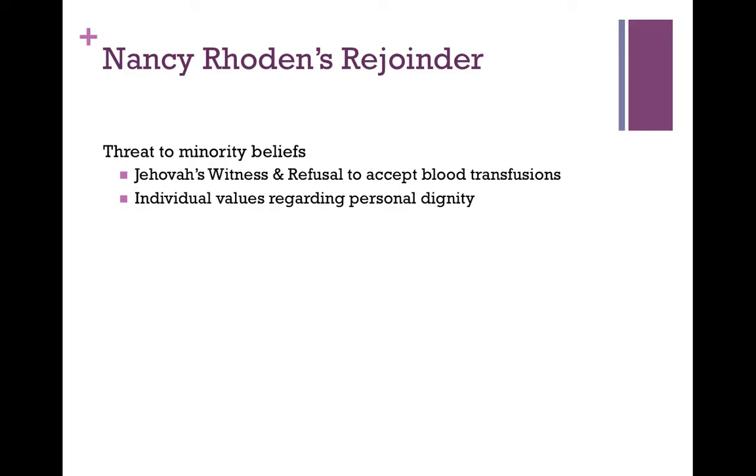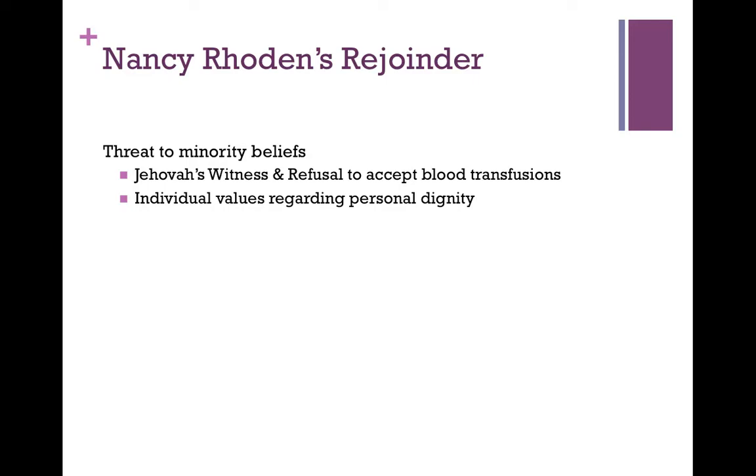But Nancy Roden, in addition to this, points out that if you were to completely get rid of the autonomy-based standard altogether, then you would run the risk of threatening certain kinds of minority beliefs.